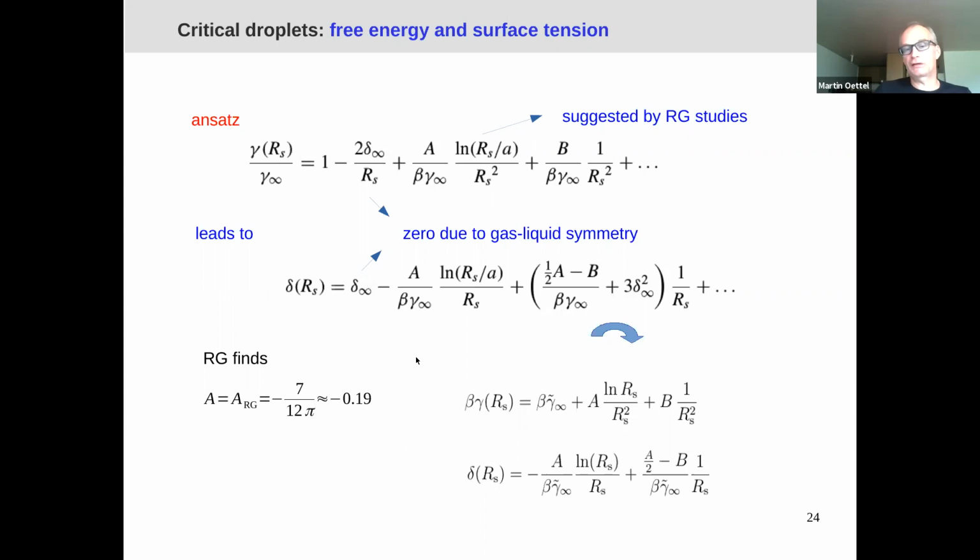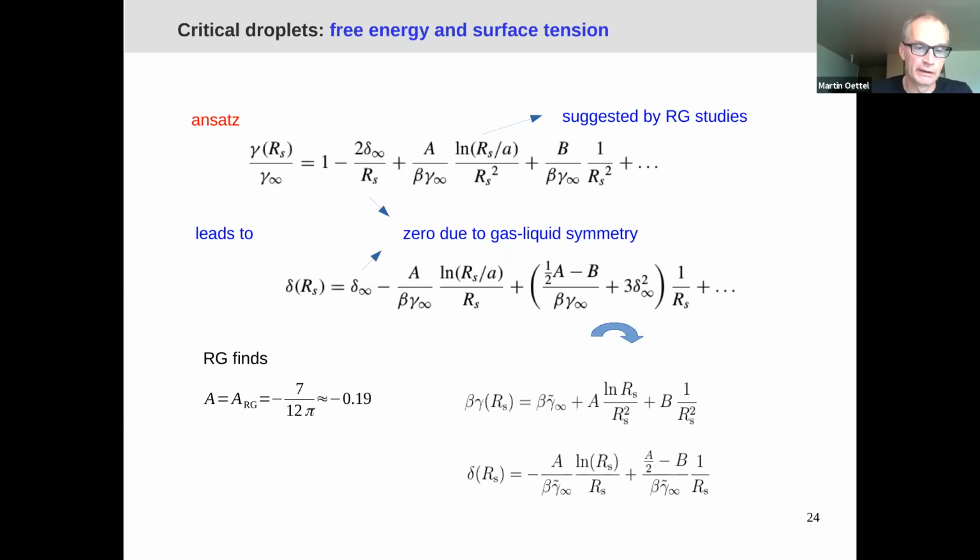Here's the expansion that we used in our studies, and the expansion is motivated by different facts. You would naturally assume that there's a 1 over r expansion, where r is the radius of the droplet, but there are also logarithmic terms, and the logarithmic terms are suggested by renormalization group studies. The 1 over r expansions also occur naturally in DFT-like models, as had been shown in older studies on the Lennard-Jones system.